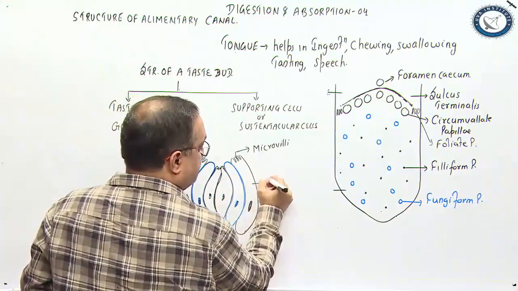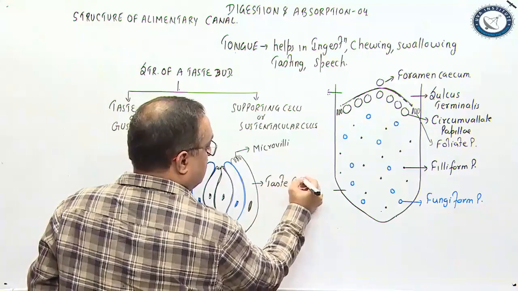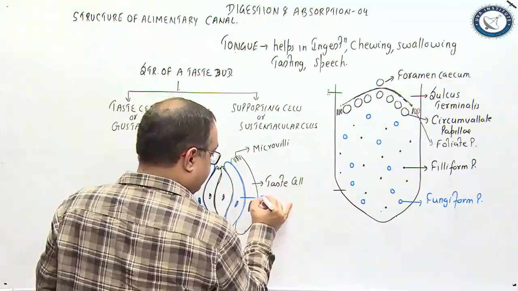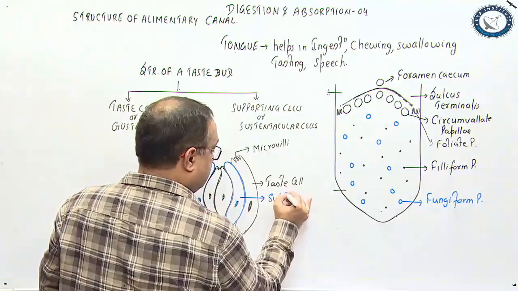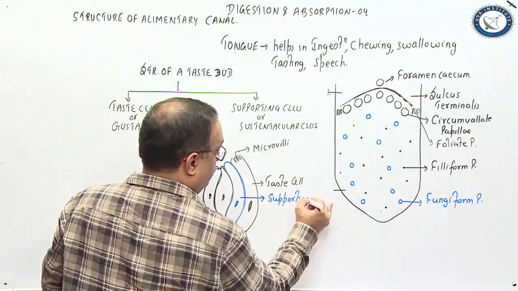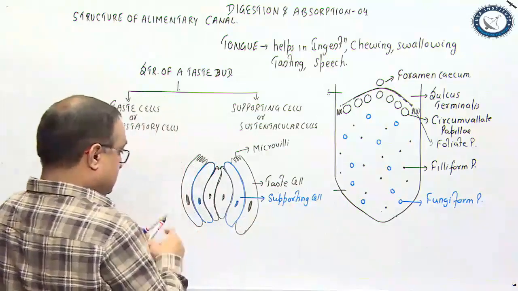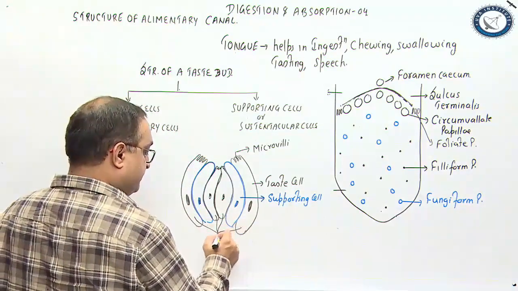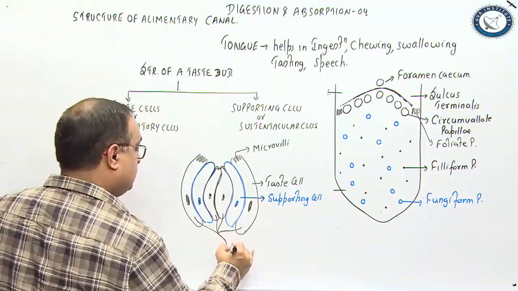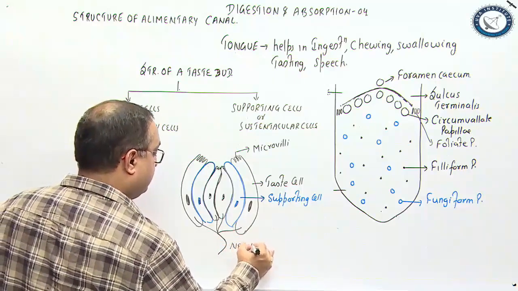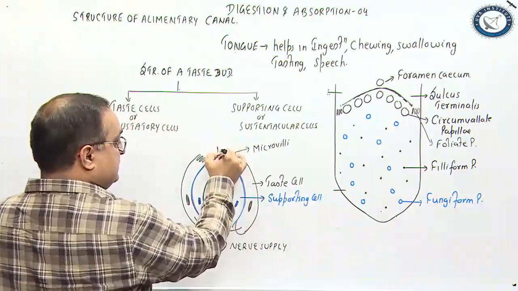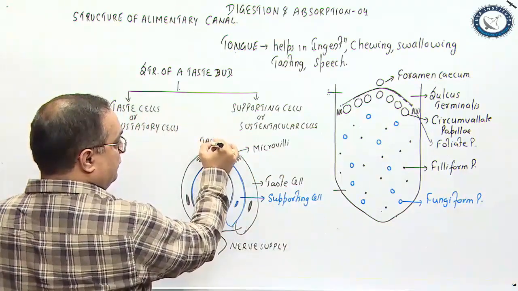So let's label these as taste cells, and the one with the blue color is the supporting cell. The taste cells have nerve supply. Right? This is the nerve supply. This is the taste pore.